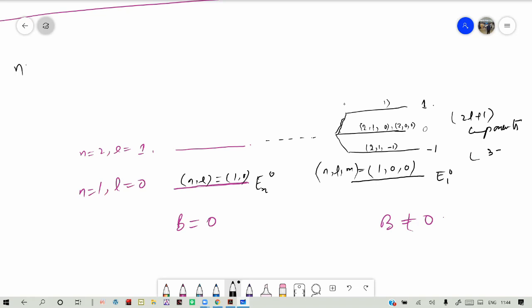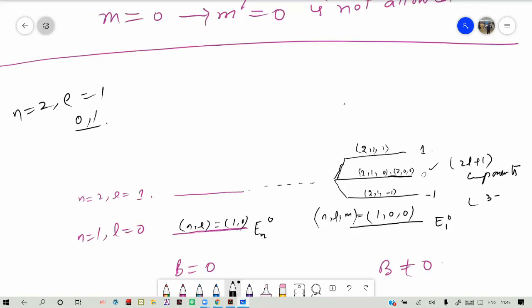We know that when N is 2, L has 0 and 1 values, S and P. That is what I write here. Similarly, here is 2, 1, 1, because 0 has already been taken. You cannot take 0 there further.